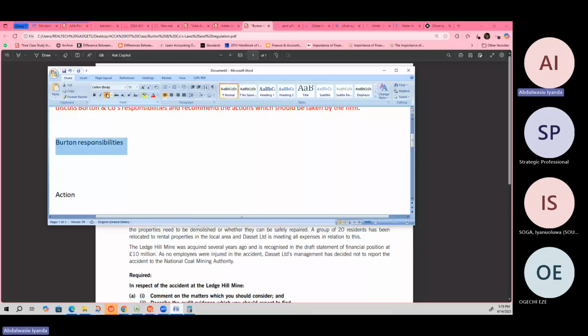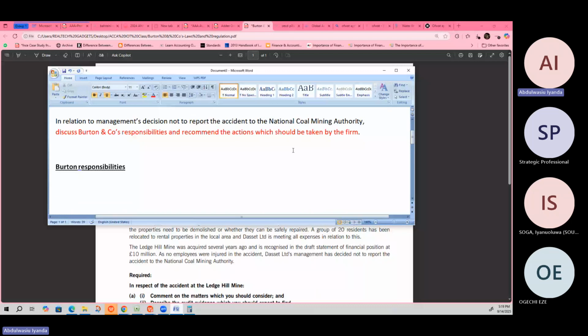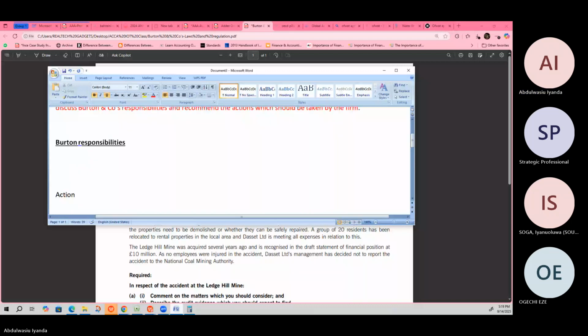What is our responsibility as the auditor? And what is the action that should be taken by the firm? So in end product, this is auditor action. And this one too, so that you guys please don't forget, is auditor responsibility.